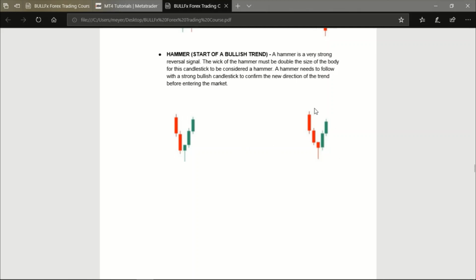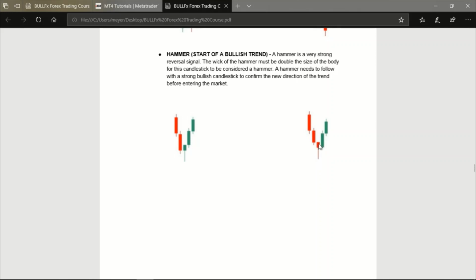The same with this candlestick pattern over here, which is also a hammer candlestick pattern. We've got 3 red candlesticks coming down, of which the third one is a red hammer, or a bearish hammer, with a long wick to the downside that shows that the market tried to reach downwards but could not maintain momentum to the downside.